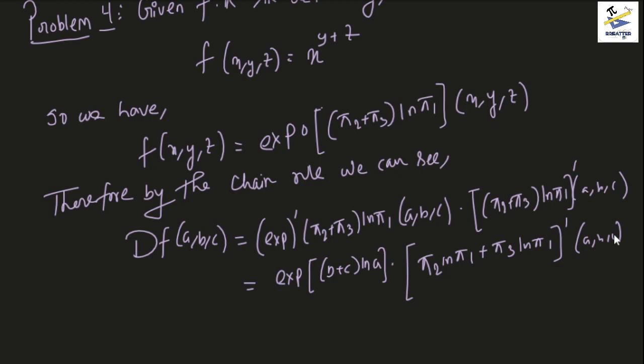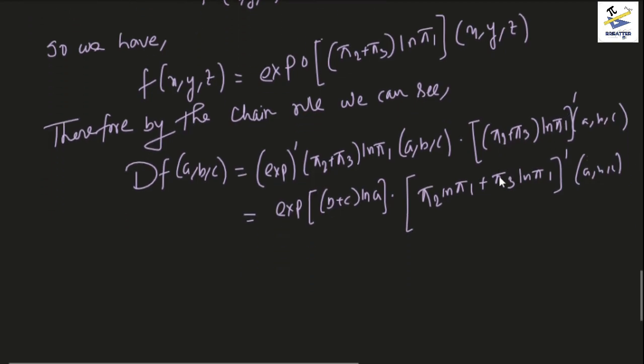This means that exponential of b plus c log a is simply a to the power b plus c.